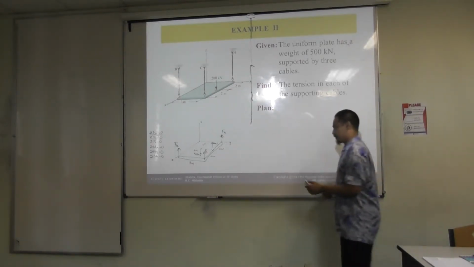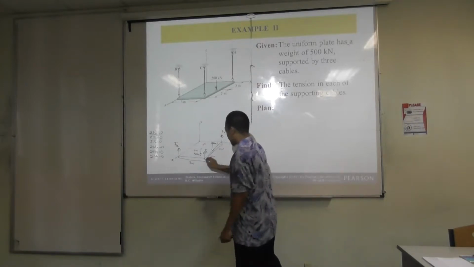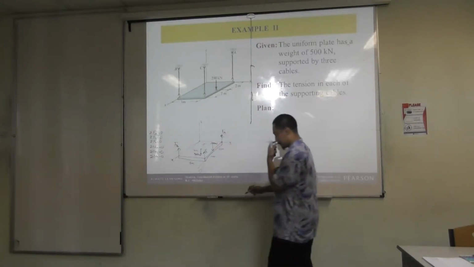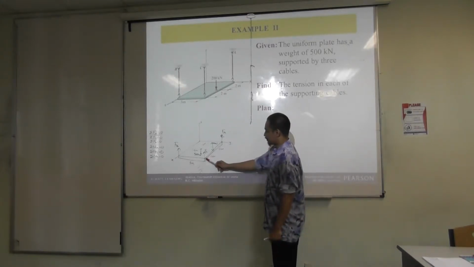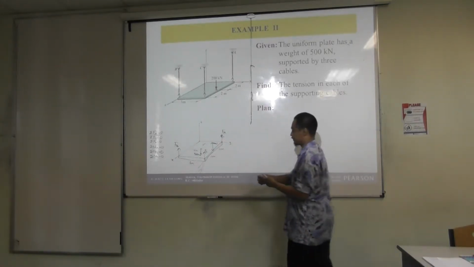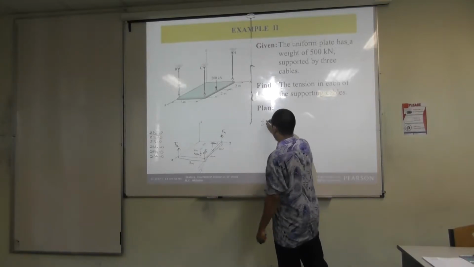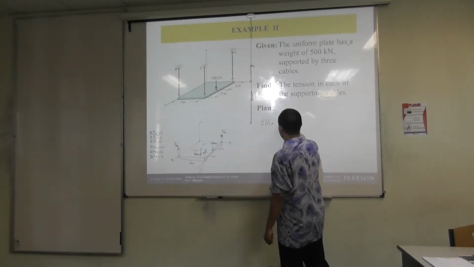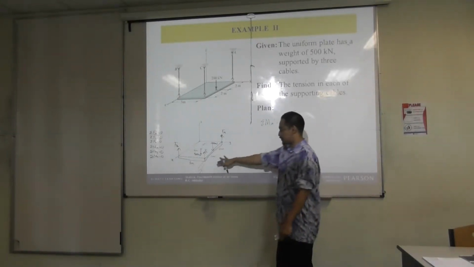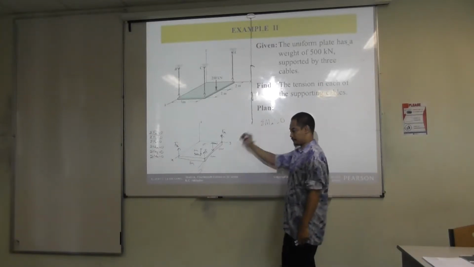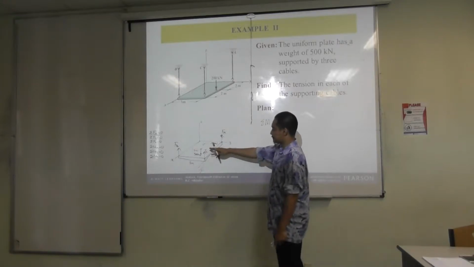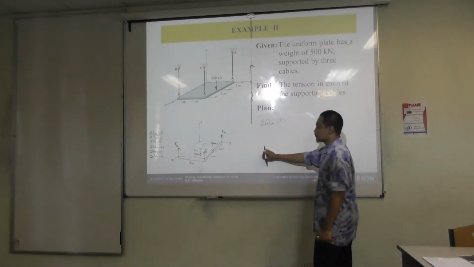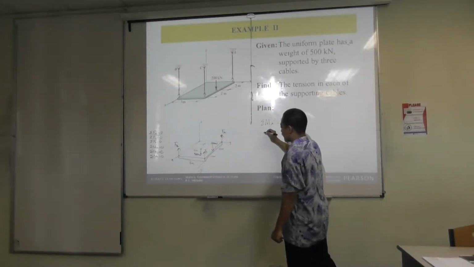So what I tend to do is, I introduce this as my x prime. The intention is so that this one becomes 0, this one becomes 0, I can solve that one. So if I do like this, summation of Mx prime equals 0. Of course, I have to draw this to be able to do this in the exam. What will happen? Fa, no moment. Fb, clockwise or counterclockwise?